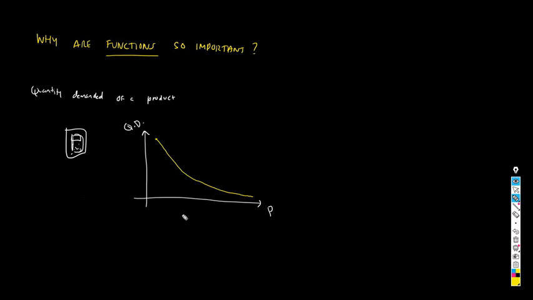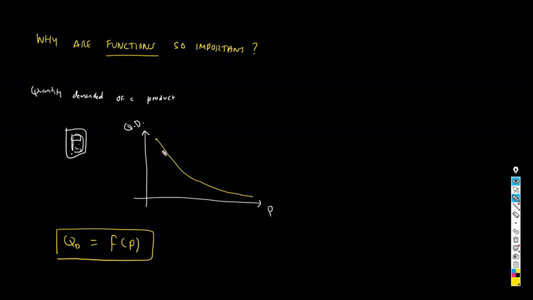So we know that this happens in real life, and basically what we are stating is that the quantity demanded of a certain product is a function of its price. This is how mathematicians say it. The quantity demanded of a certain product is equal to a function of its price. In other words, the quantity demanded depends on the price of such object.